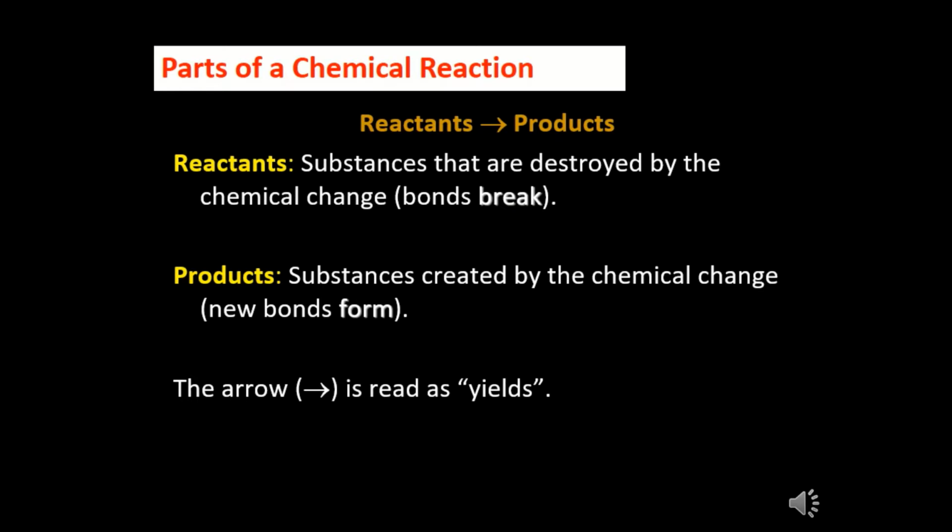So these are two parts of the chemical reaction. All chemical reactions have two parts, reactant side and product side. Reactants may be 1, maybe 2, maybe more than 2, 3, 5, 10, 12. Products may be 1, maybe 2, 3, 4, 5, many more than this. We don't care about these things, but we should know that the arrow is in the middle. On the left side of the arrow, we have reactants. On the right side of the arrow, we have products.